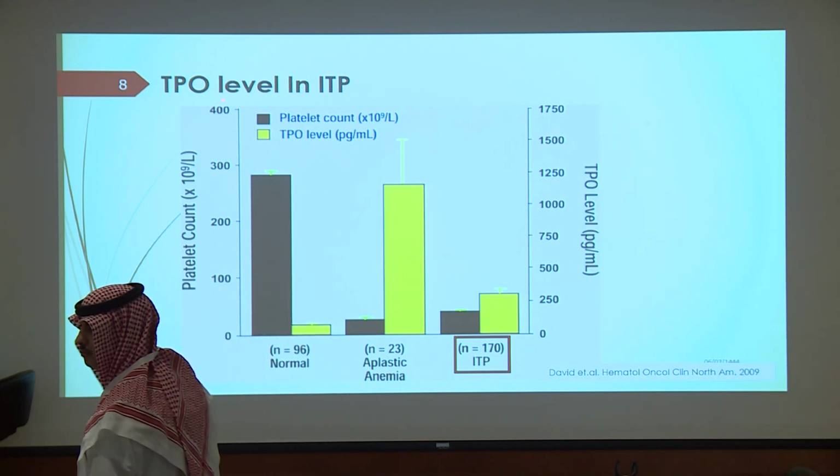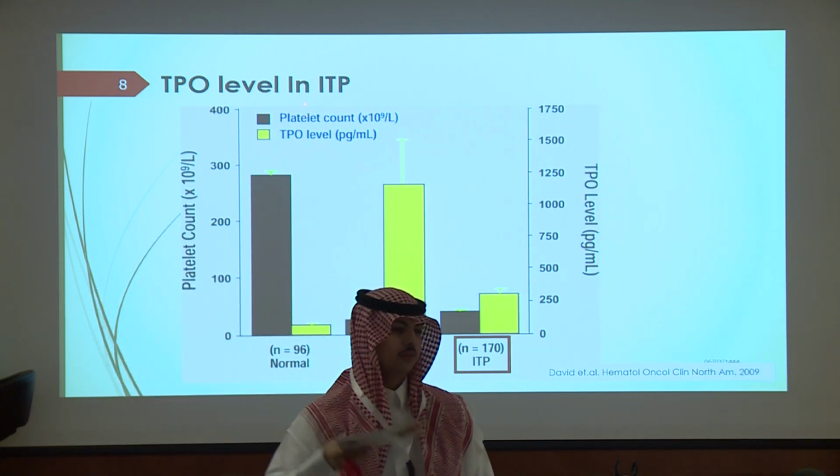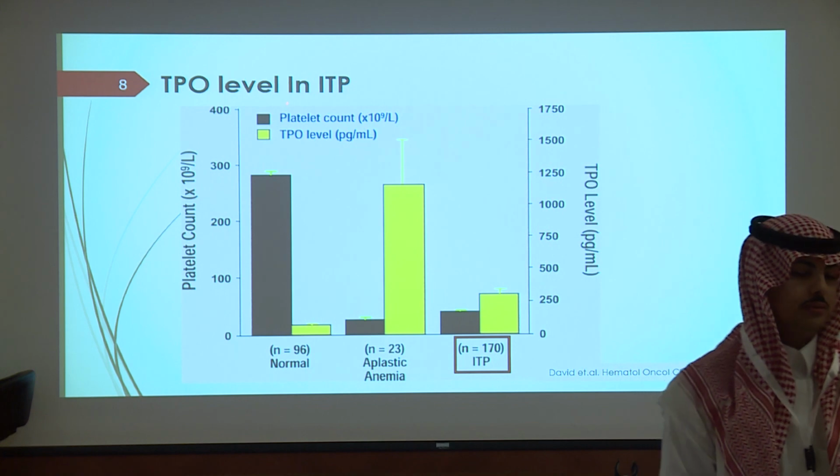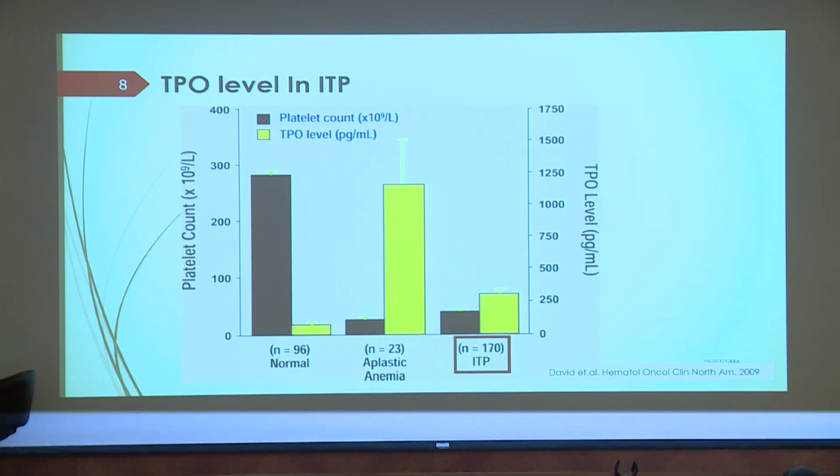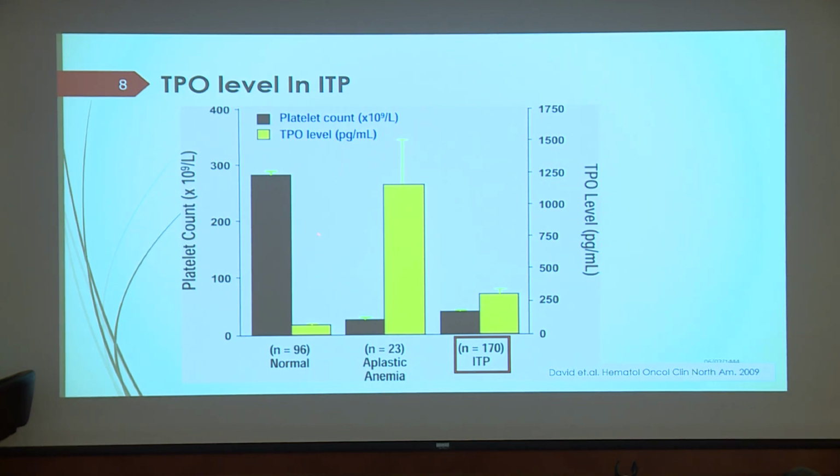Thrombopoietin is the key growth factor in platelet production, megakaryocyte specialization and differentiation, and many studies actually prove that there is insufficient production of thrombopoietin in ITP patients. Look at this study, which has been published in 2009 by David et al.